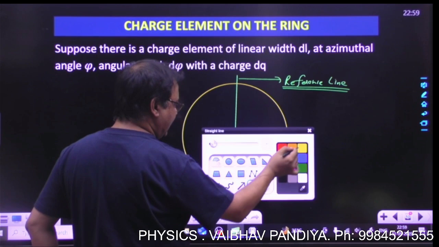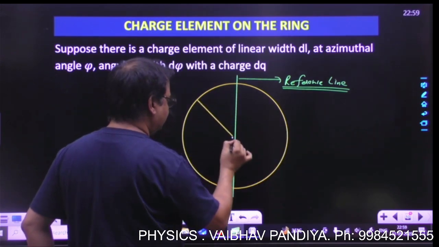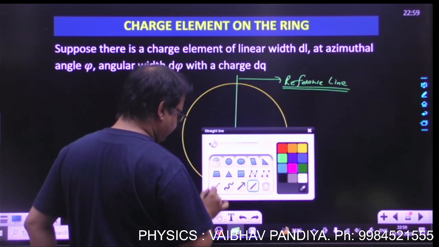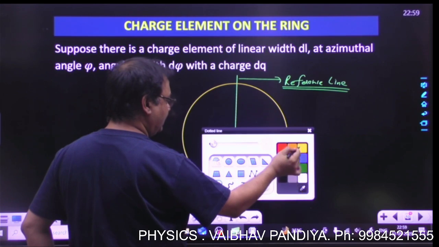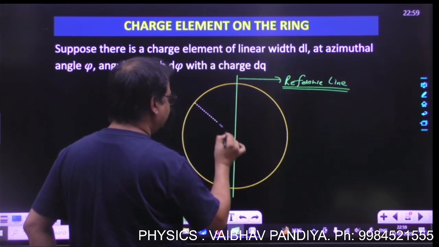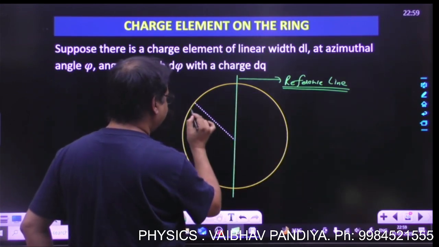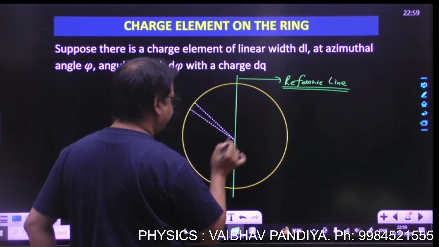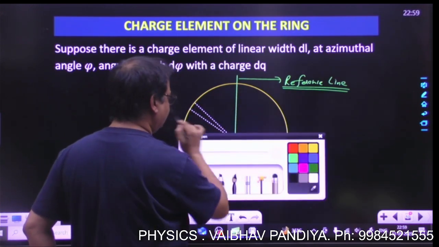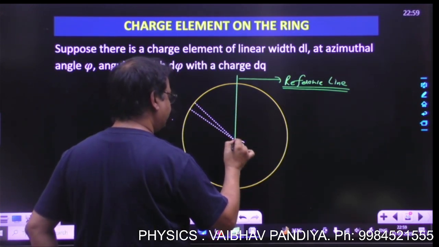I am applying the concept of calculus, so I am taking an element on the ring, something like this, which we have learned in the basics of calculus. This is the center.